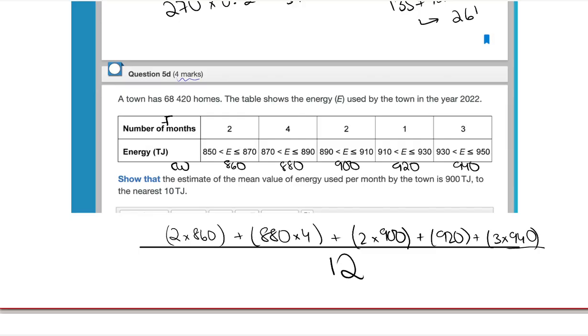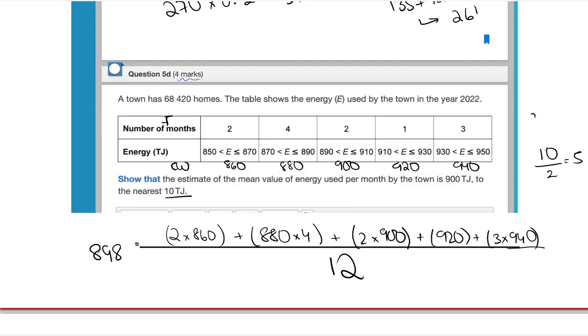So if we were to solve this, what do we get? 2 times 860 plus 4 times 880 plus 2 times 900 plus 920 plus 3 times 940, divided by 12. This gives us an answer of 898.